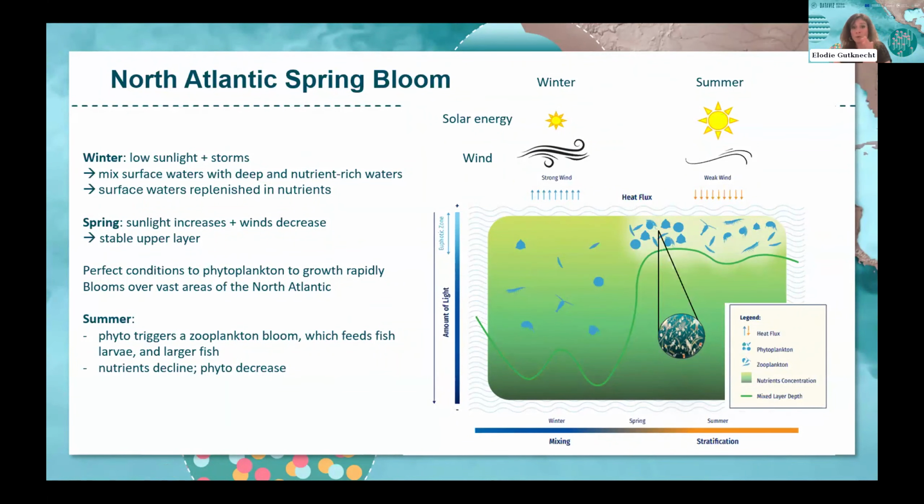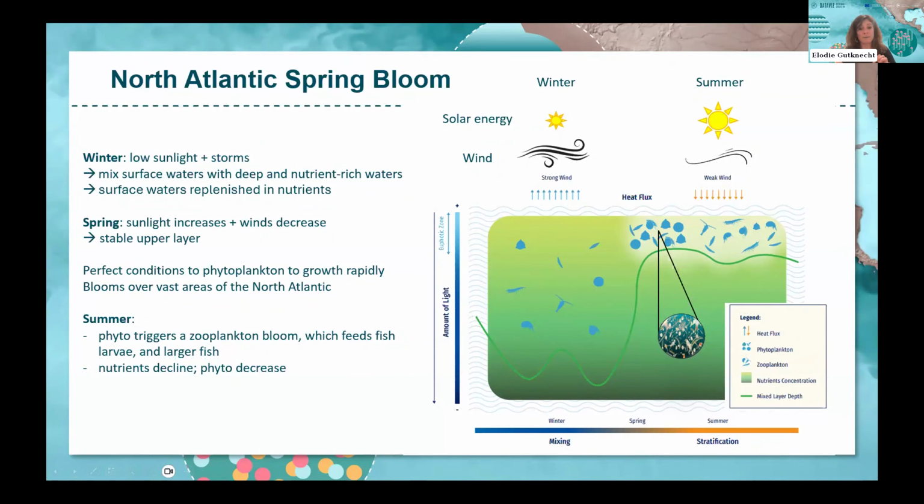But during spring, the length of the days is increasing, the solar energy also increases, and the winds tend to decrease. So this creates more stable surface waters.